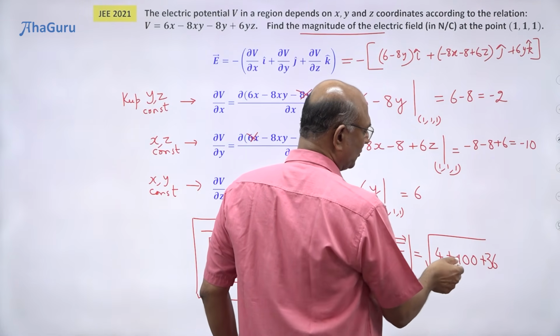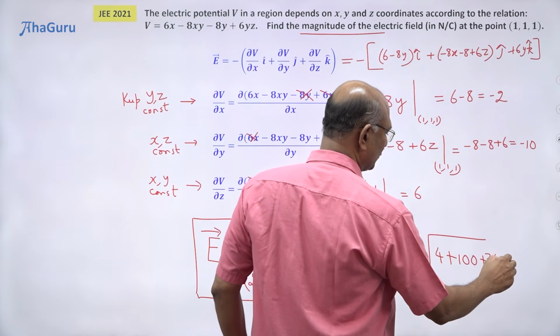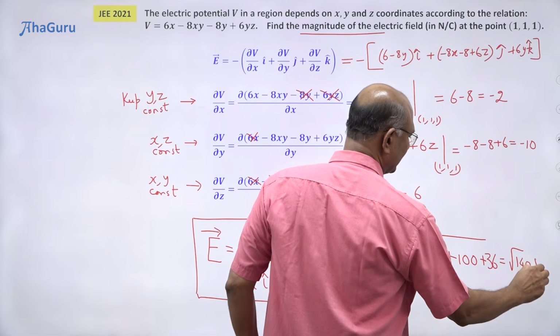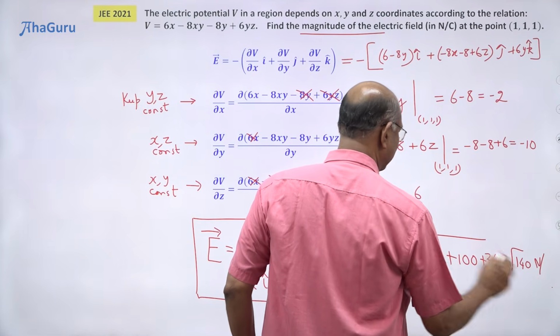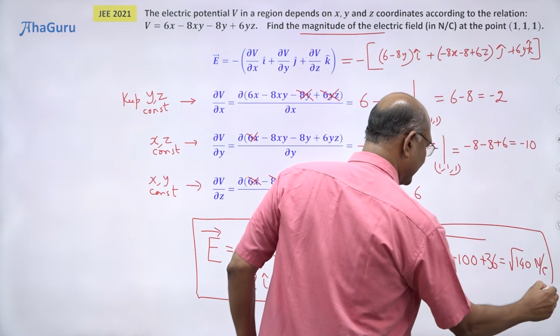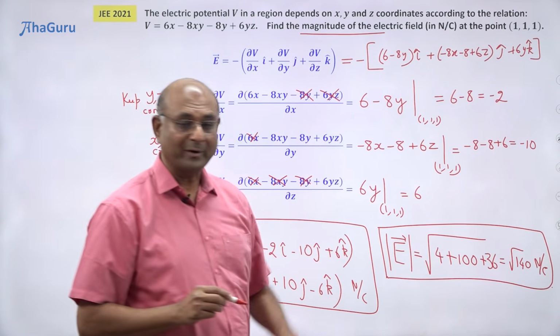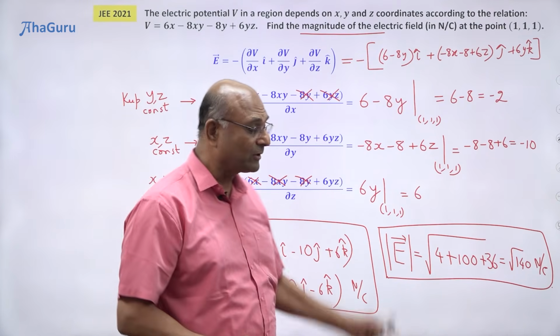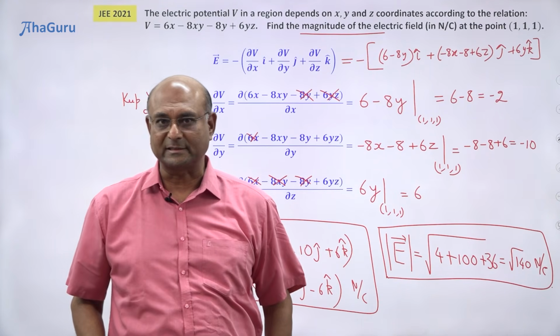How much is this? 140. So it is root of 140 newtons per coulomb. So that is the answer to this question. The electric field magnitude is root of 140 newtons per coulomb. So I hope that is clear. So this is how you are going to solve a question like this.